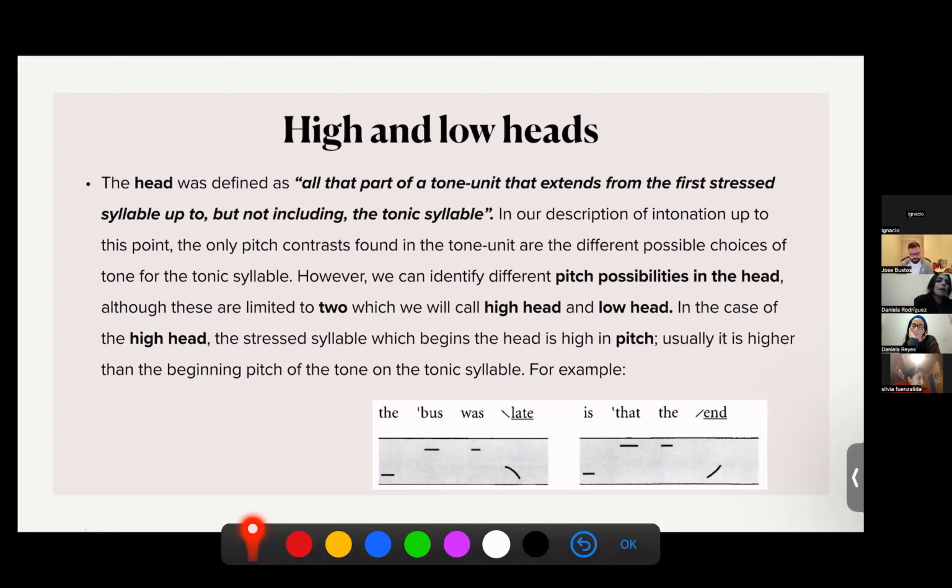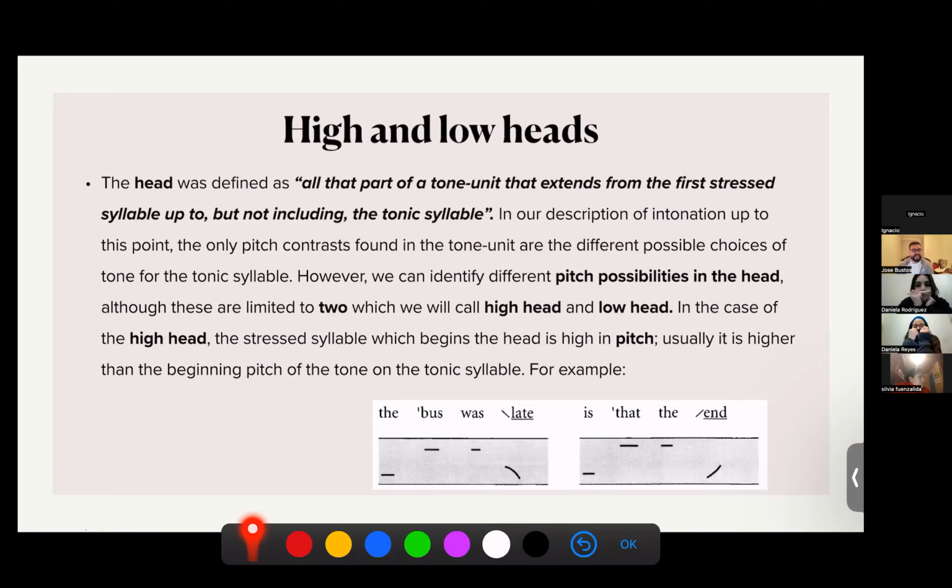Okay, very good. So, in our description of intonation up to this point, the only pitch contrasts found in the tone unit are the different possible choices of tone for the tonic syllable. However, we can identify different pitch possibilities in the head.